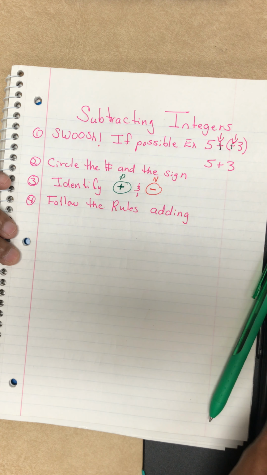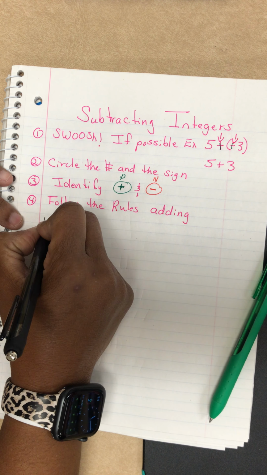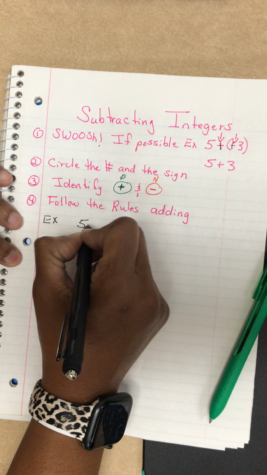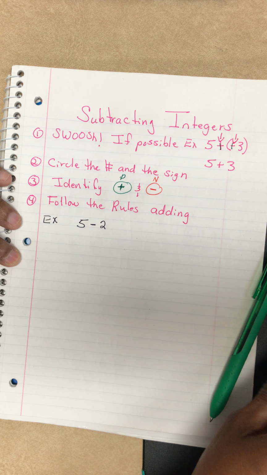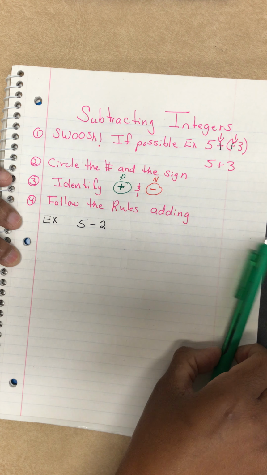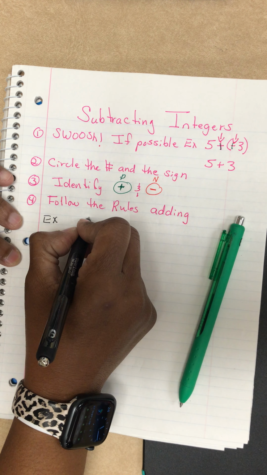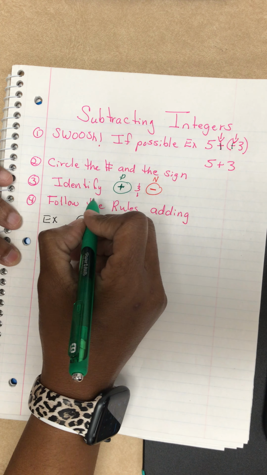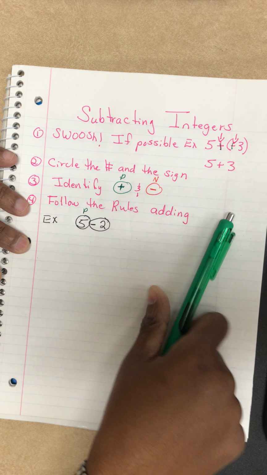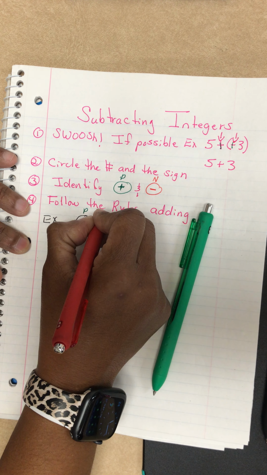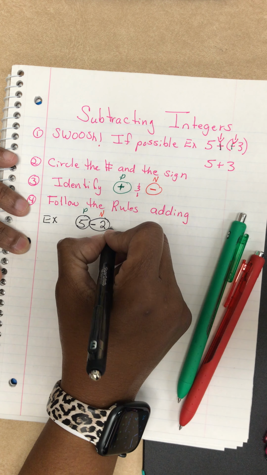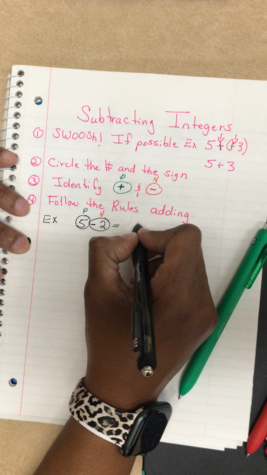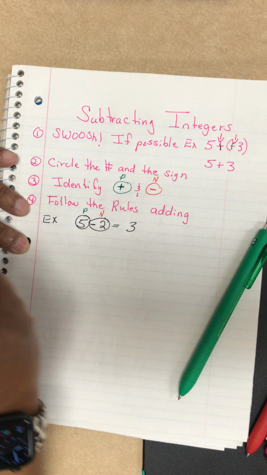So let's do an example. 5 minus 2. This is technically a positive and this is a negative, equals 2 from 5 is 3. 5 is the largest, so it takes the value.